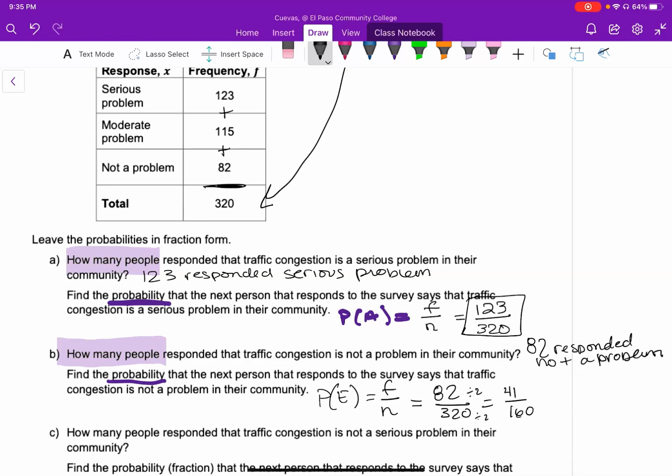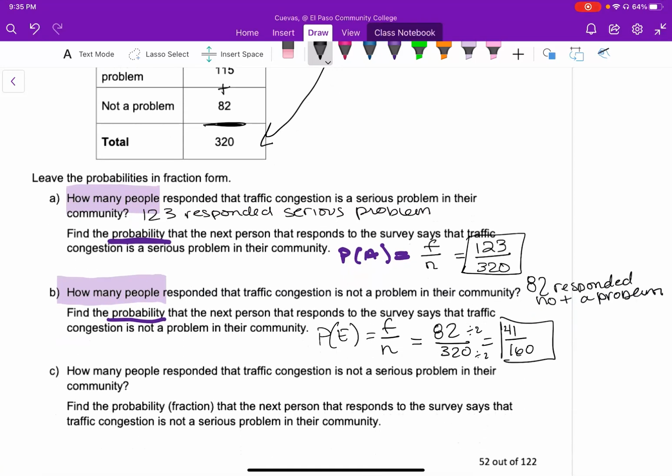I check 5 by looking at the end. Do the numbers end in 0 or 5? Not both of them. I check 2 by checking if it's even or odd. One of them is even, one of them is odd, so they're not going to be divisible by 2. And lastly, I check 3. I add up the numbers, so 4 plus 1 is 5. 5 is not divisible by 3, therefore these numbers are not divisible by 3. And we have our simplified answer.